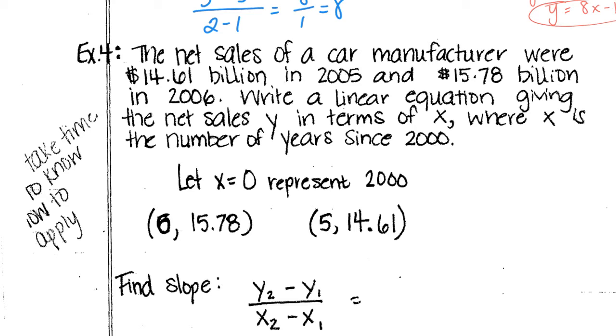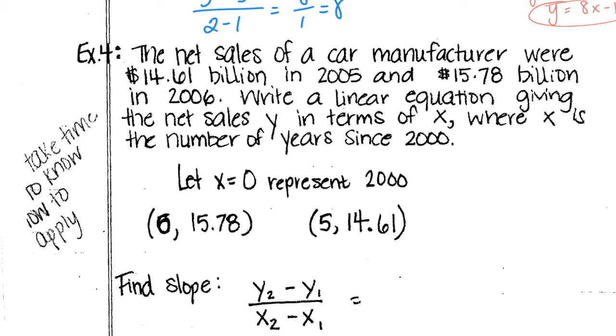Kate. The net sales of a car manufacturer were $14.61 billion in 2005 and $15.78 billion in 2006. Write a linear equation giving the net sales y in terms of x, where x is the number of years since 2000. Okay, so notice that they're giving us 2 points.